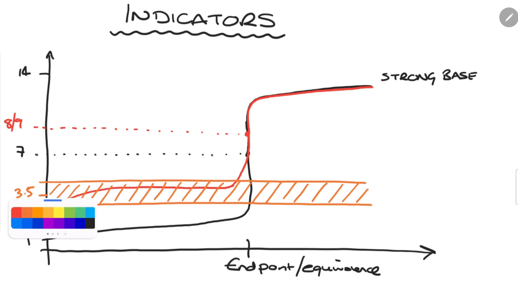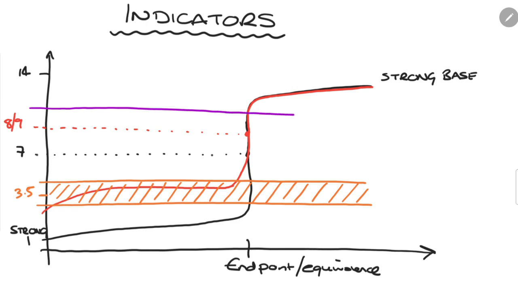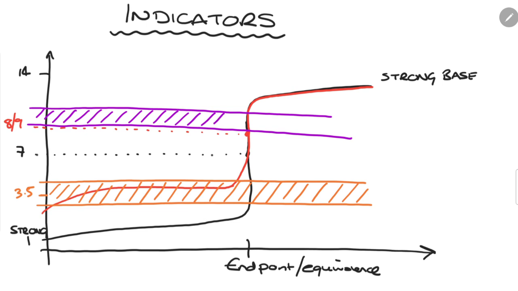If we were to compare that with phenolphthalein, it has a pH range of between about 8 and 9, going almost up to 10. But importantly, it has a different pH range under which it will operate.